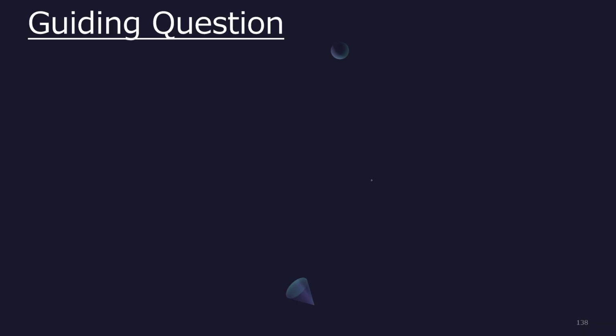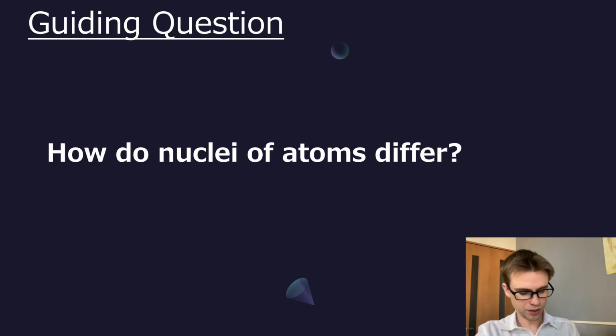All right, that brings us to the end of the whole atomic structure, first 2 units. So our guiding question here was, how do nuclei of atoms differ? And I think you should be able to say a lot of things at this point. When the number of protons, positively charged massive particles, is different, we have different elements.